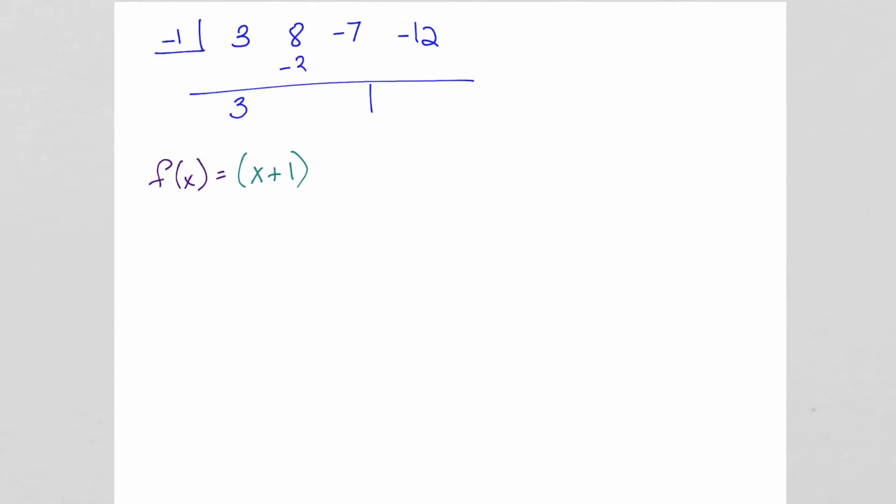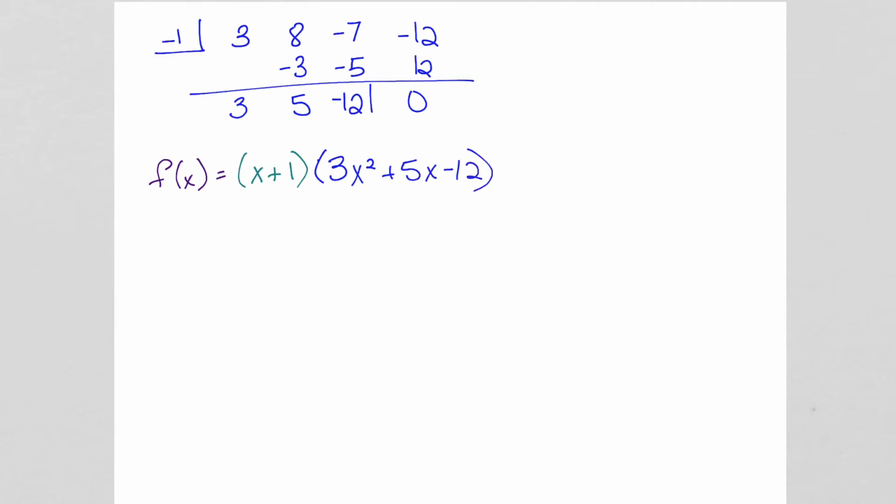We've already done a section on this, so I'm not going to go through this one at a time again. If you don't remember synthetic division, you can go back to that previous section. But here we go. So that means that another part here is 3x squared plus 5x minus 12.